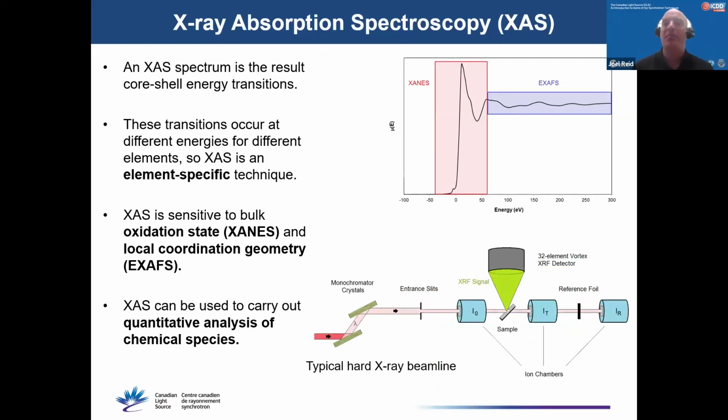The schematic here at the bottom right represents a typical setup on a hard X-ray beamline, where measurements are undertaken in air. For concentrated samples, direct transmission measurements are made with ion chambers on either side of the sample. For really dilute samples, the XAS spectra are collected using fluorescence from the absorbing element.